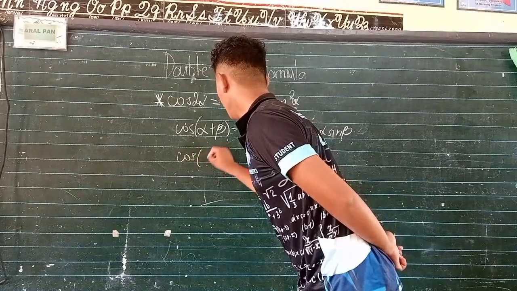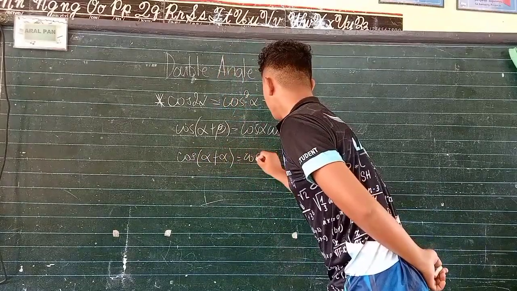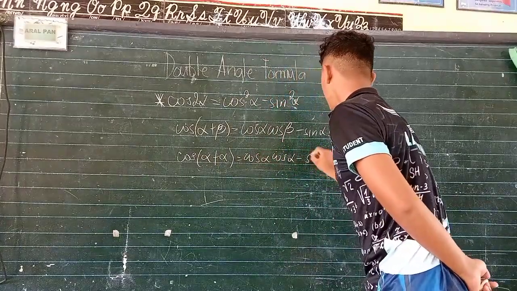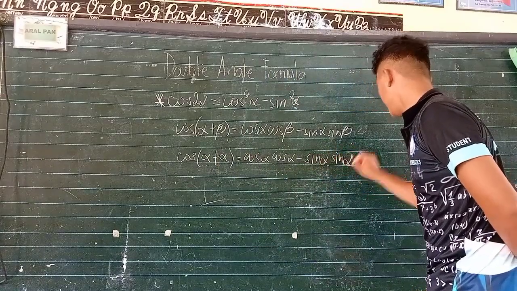Cosine alpha plus alpha is equal to cos alpha cos alpha minus sine alpha sine alpha.